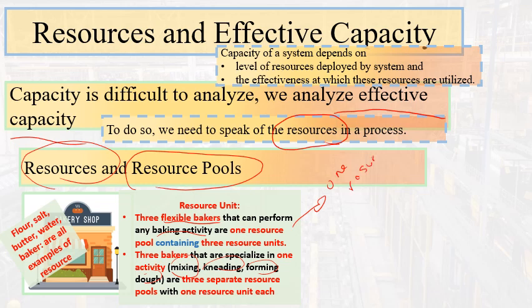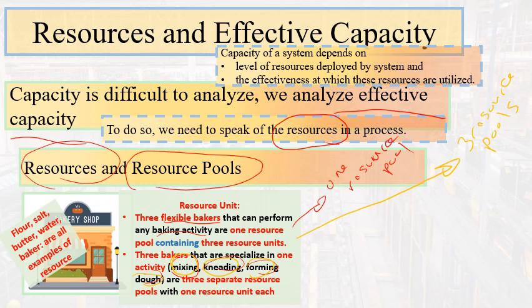Now, if we specialize the bakers, so one baker only does the mixing and one baker only does the kneading and forming the dough, then we end up with three resource pools.